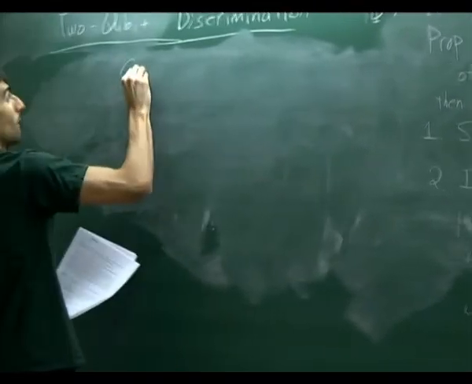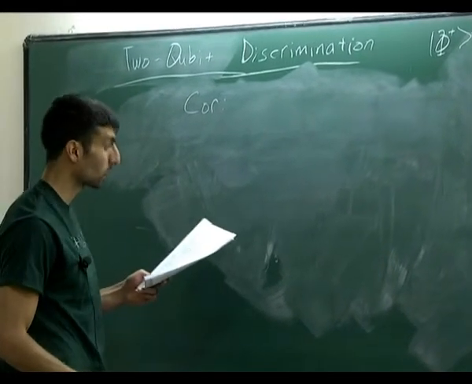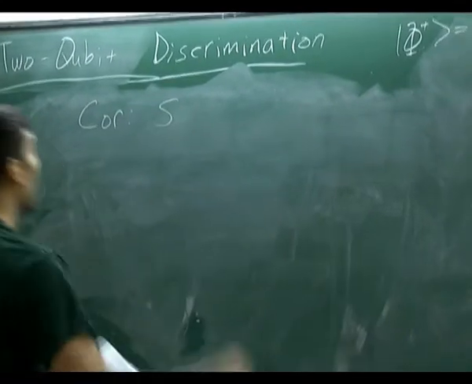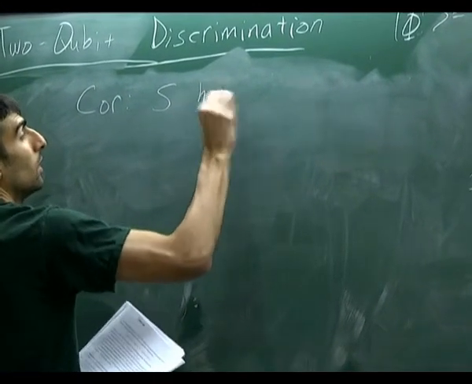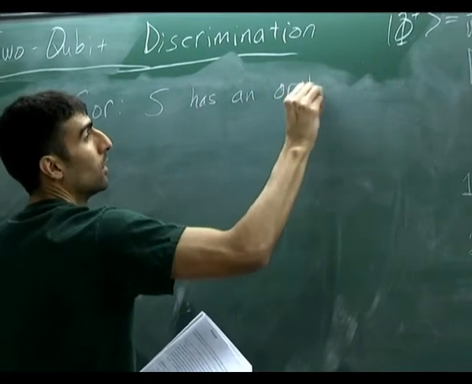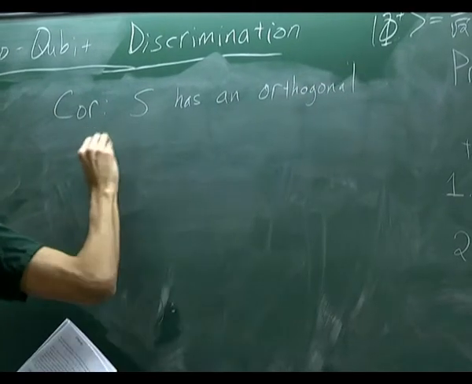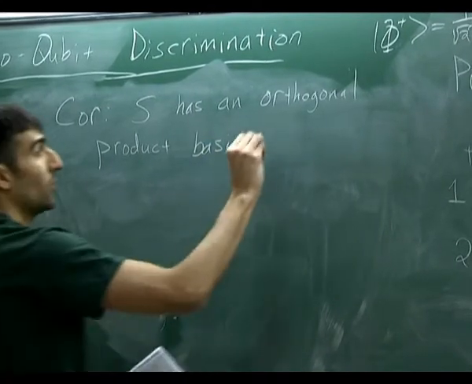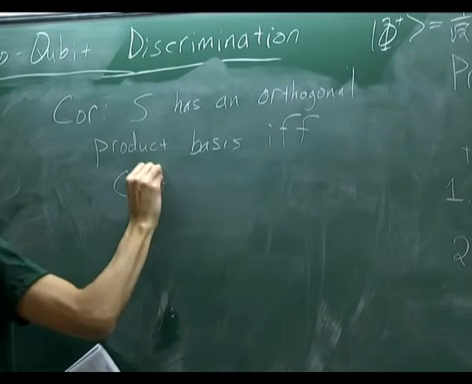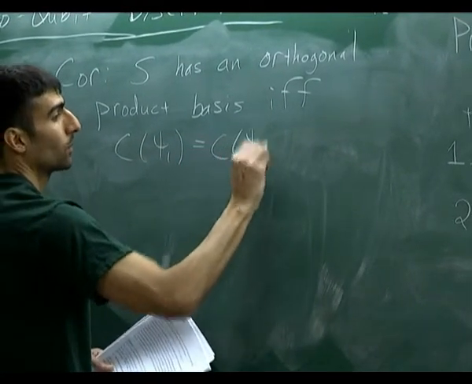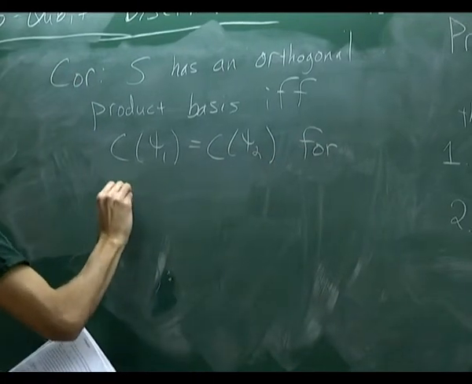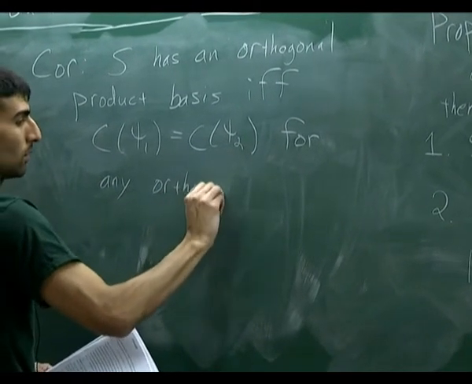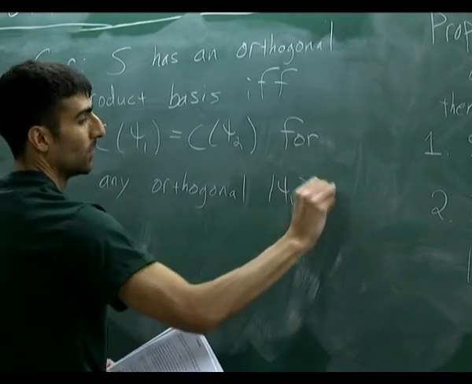So corollary: S, again, under this condition of S being a two-dimensional subspace not of that form, S has an orthogonal product basis if and only if the concurrence of psi 1 equals the concurrence of psi 2 for any orthogonal psi 1, psi 2 that's in the space.